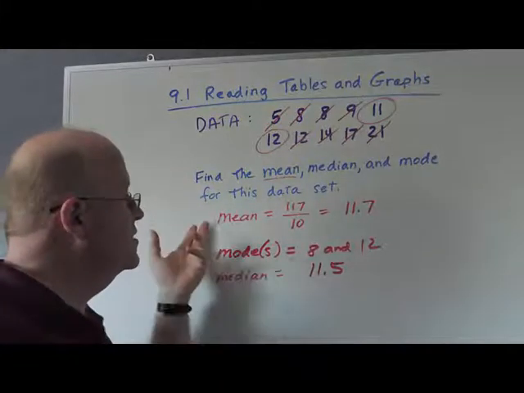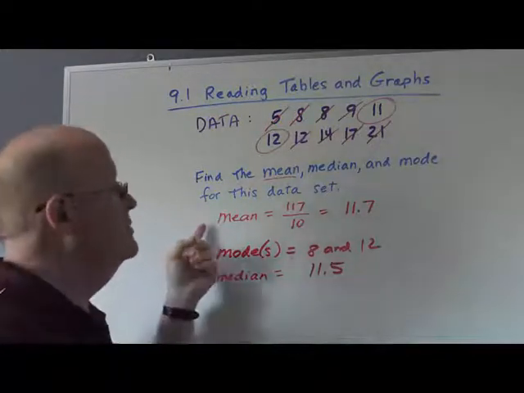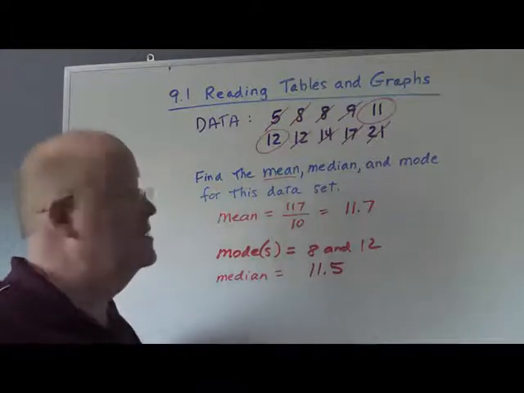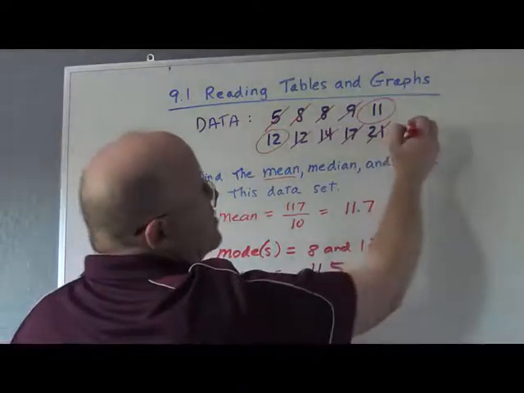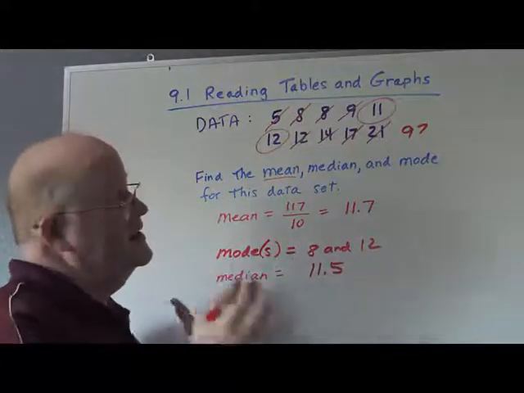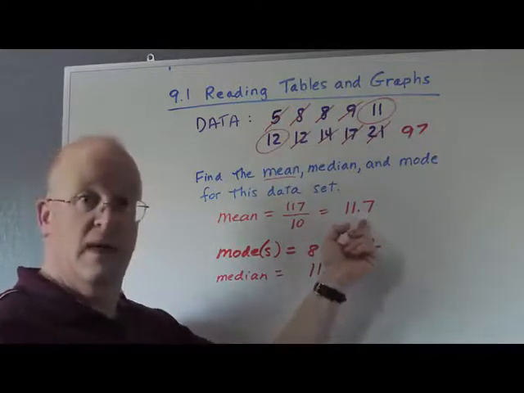Now, one thing to look at when you're comparing these different measures is that the mean is highly sensitive to very large or very small numbers. For example, if I added the number 97 into this data set and added it into the total and then divided by 11, this mean would increase drastically.